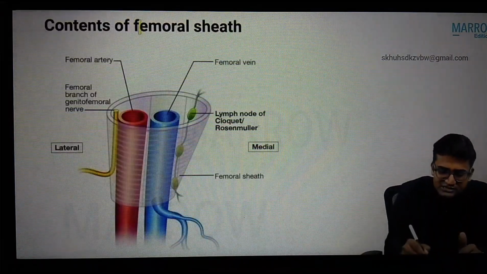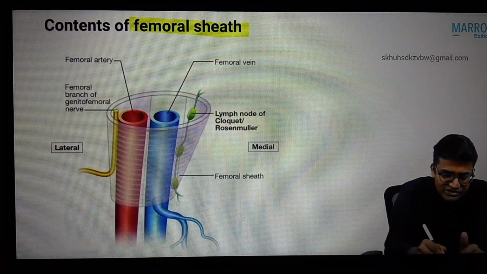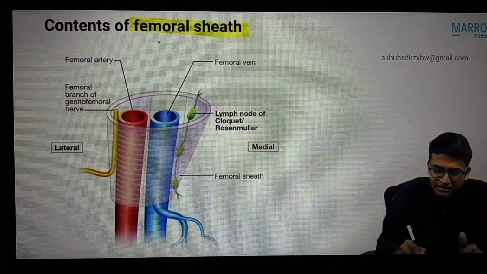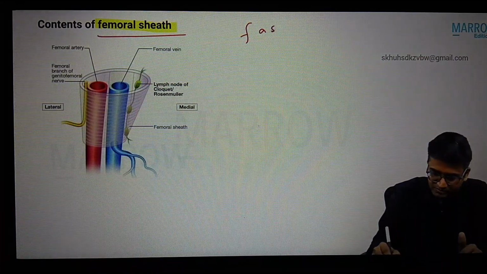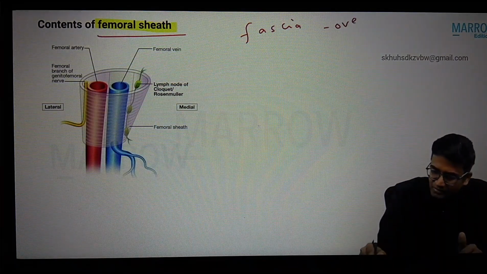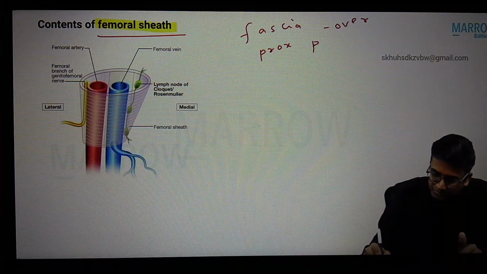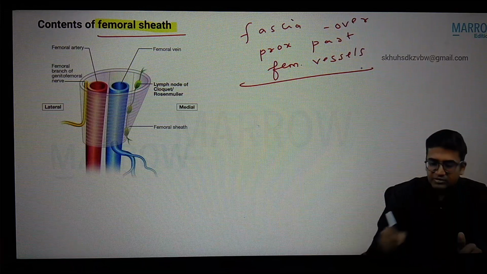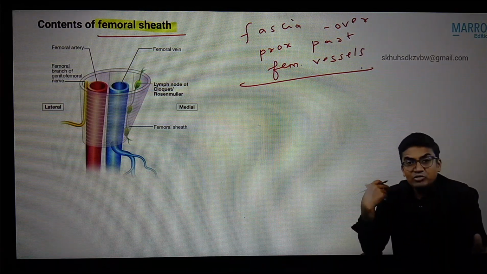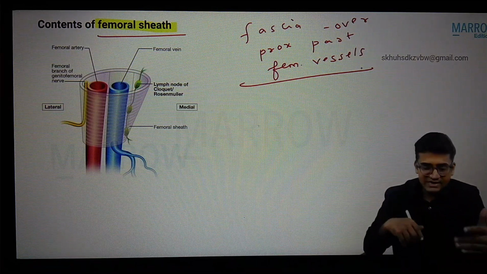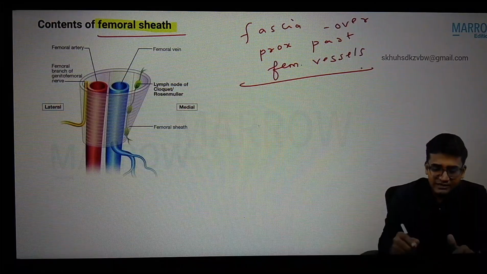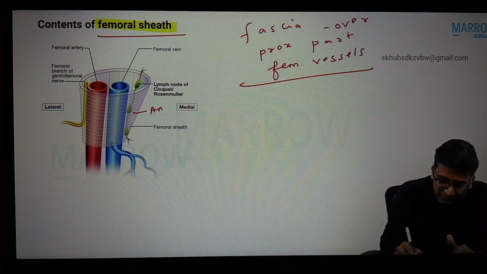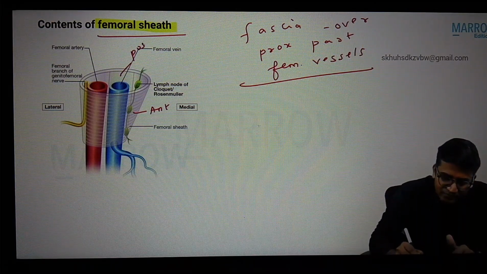The femoral sheath is nothing but the fascia over the proximal part of the femoral vessels. Now we have two layers, front side and back side: an anterior layer and a posterior layer.